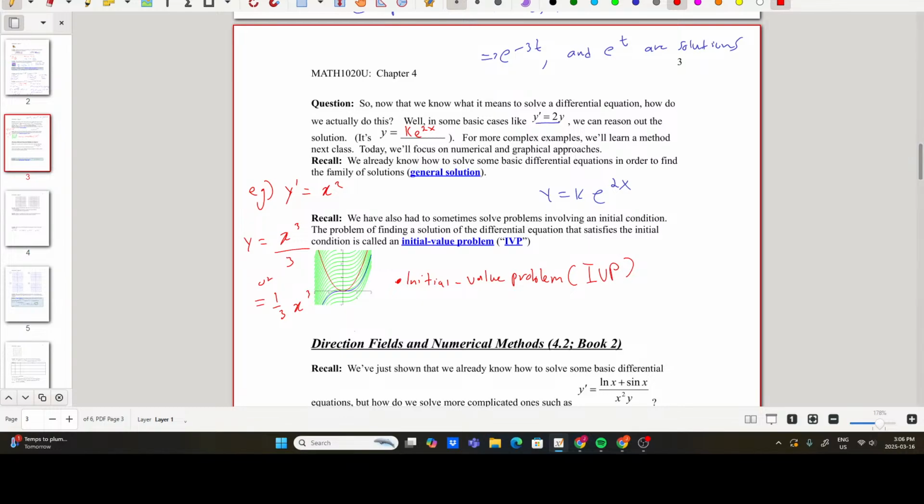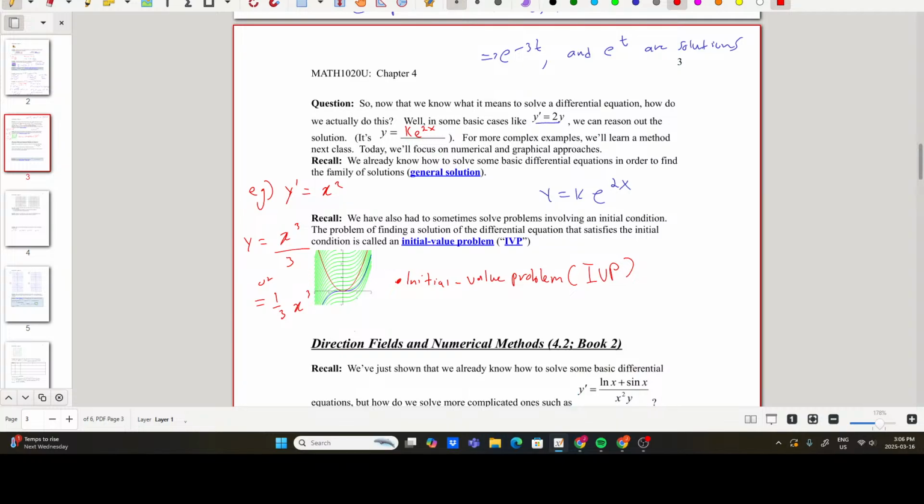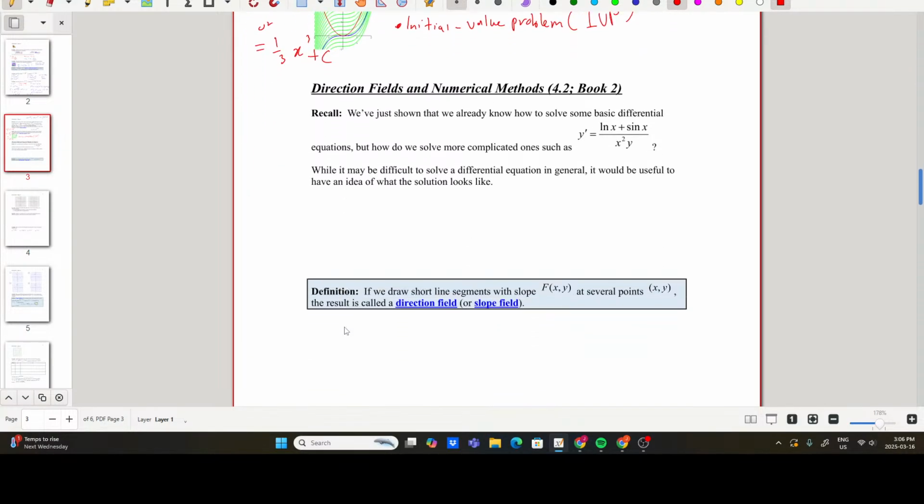I think so. I'm just so forgetful here. But it's an integral, an antiderivative. Yeah, but one thing I'm forgetting is that you should have a plus c. It's a family of functions, so you should have a plus c for those. Let's continue onwards. Let's look at the direction field.